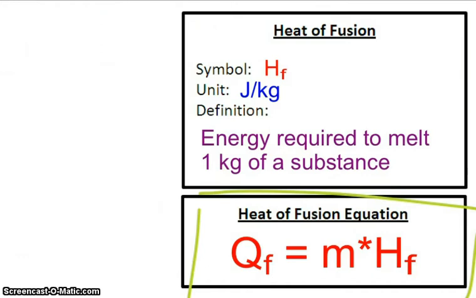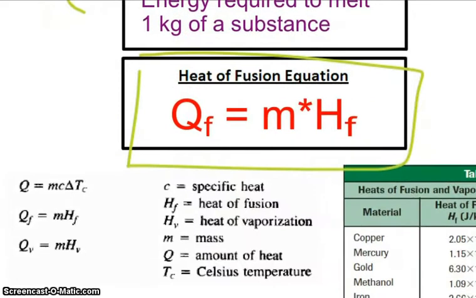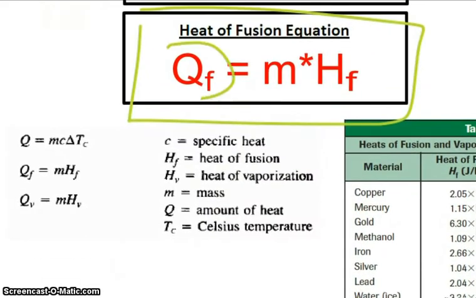So Hf is similar to c, your specific heat. So during those flat parts of the graph, your heat is going into changing a certain amount of your mass. So how much of that water turns to steam depends on the amount of heat energy added.